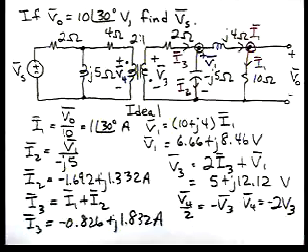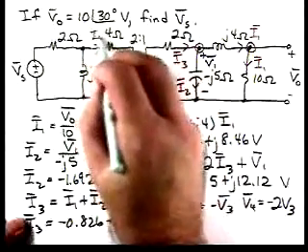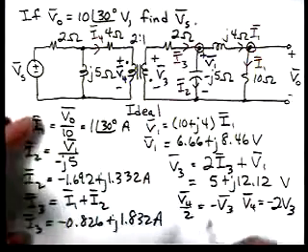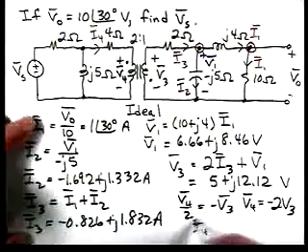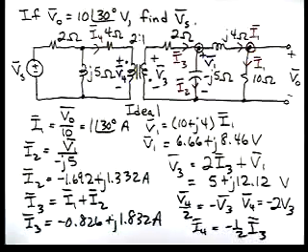And I'm going to define this current as I4. So both currents enter dots. So we wind up with I4 equal to minus 1/2 I3. So those are the relationships for the transformers based on the currents and voltages that I've defined at the transformer.